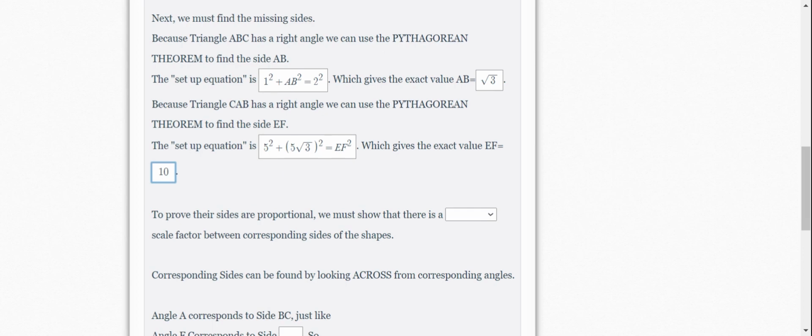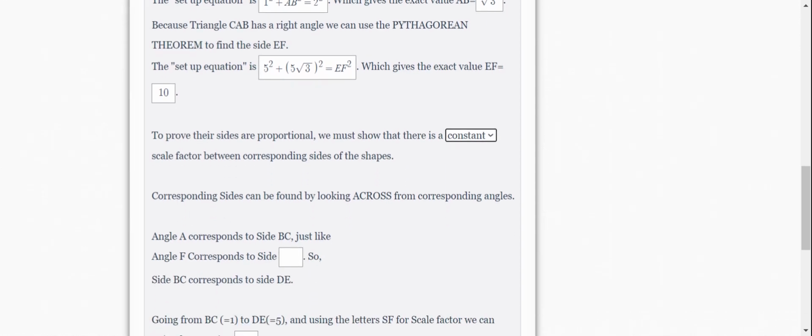To prove their sides are proportional, we must show that there is a constant scale factor between the corresponding sides of the shapes. The scale factor has to be constant, otherwise it's not similar. Corresponding sides can be found by looking across from corresponding angles.